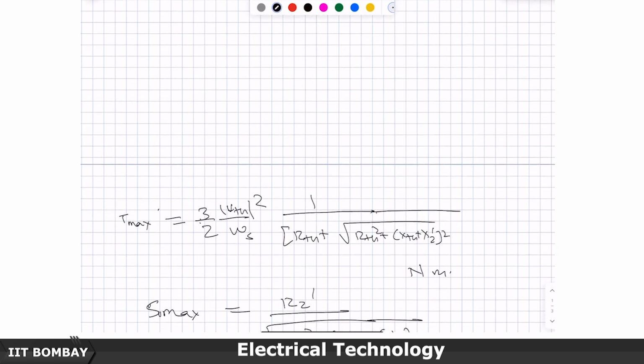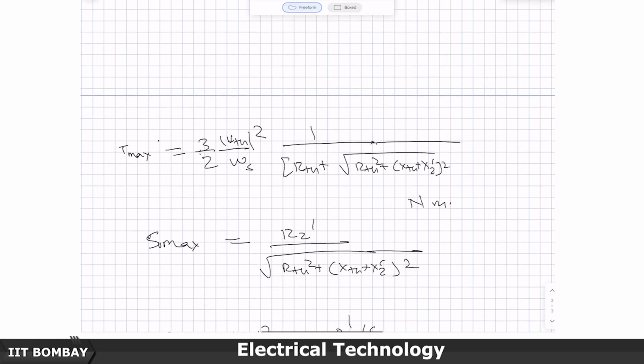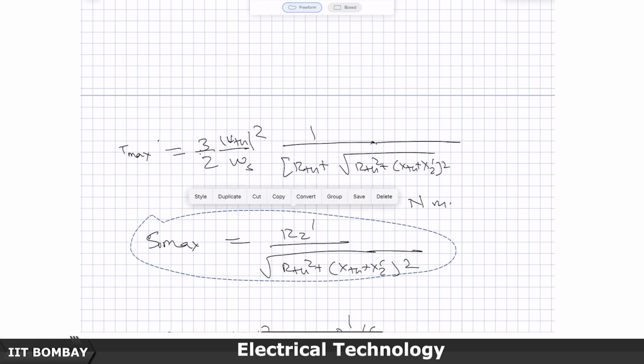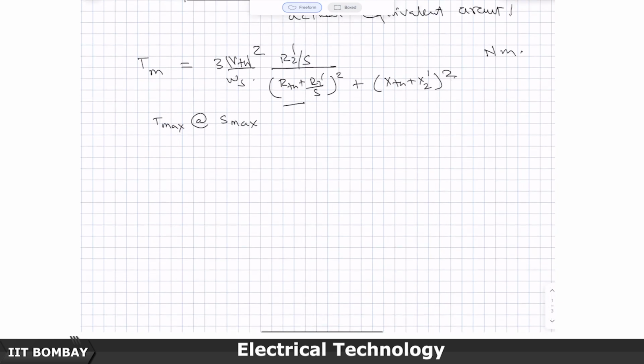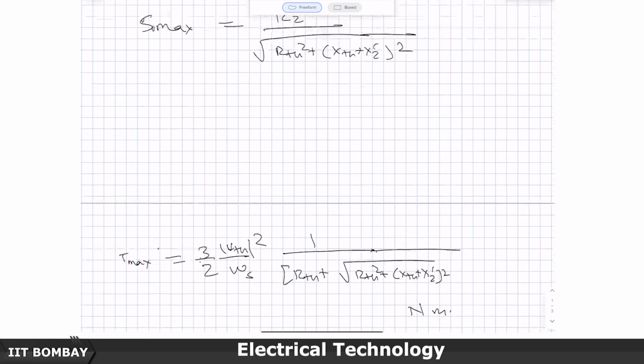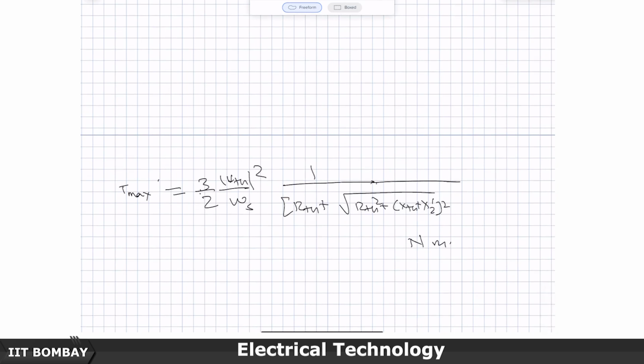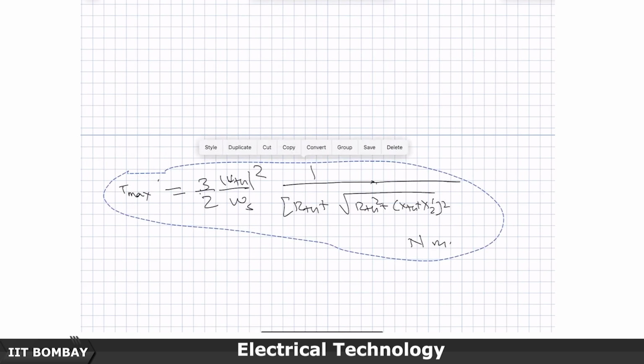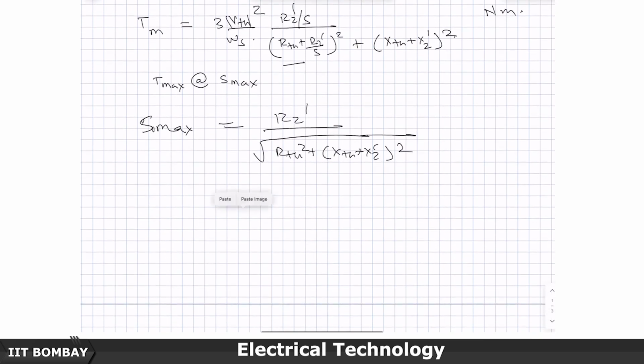For that we took the torque expression and took its derivative and set it to 0, because at the maximum value the derivative with respect to slip should be 0, and then checked the second order condition, or at least I had mentioned it, if I am not sure I had checked it formally, that the second derivative should be negative.